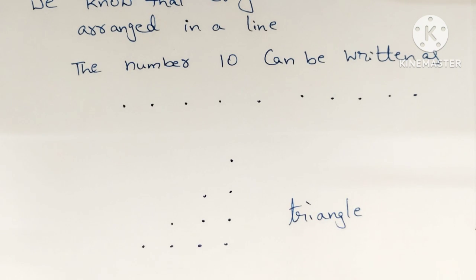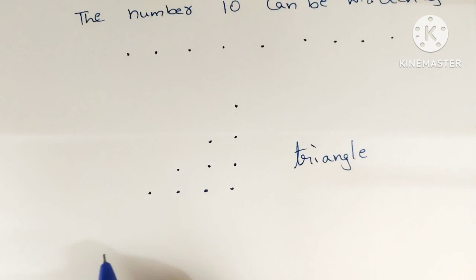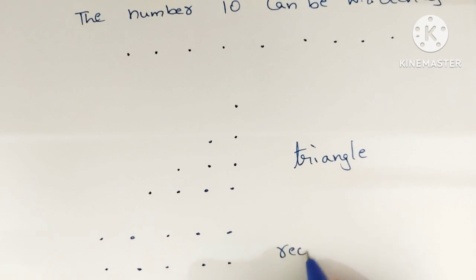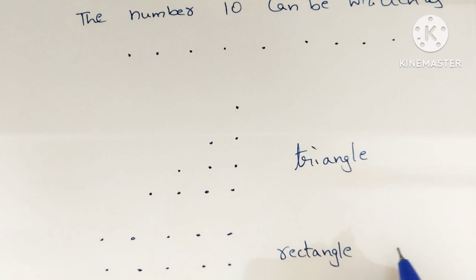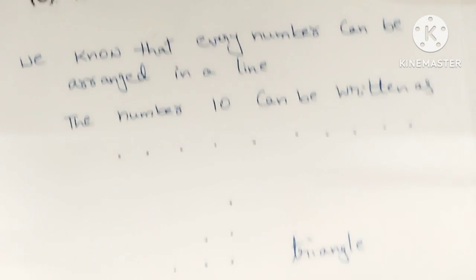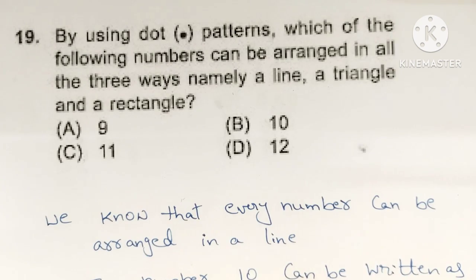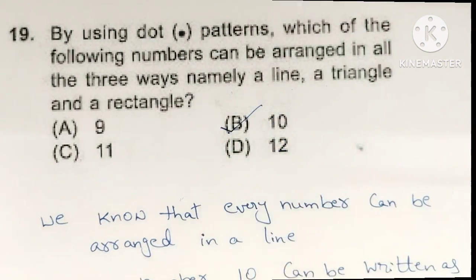And next, we have to form a rectangle of these 10 dots. 1, 2, 3, 4, 5, 6, 7, 8, 9, 10. So, 2 rows and 5 columns. It also forms a rectangle. So option B is the correct one.